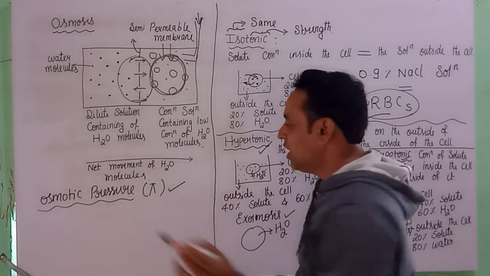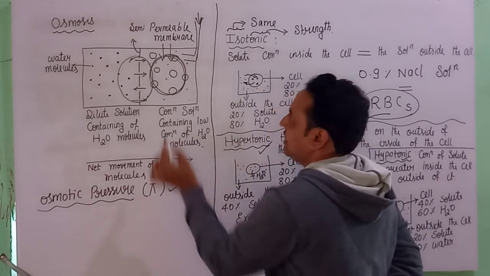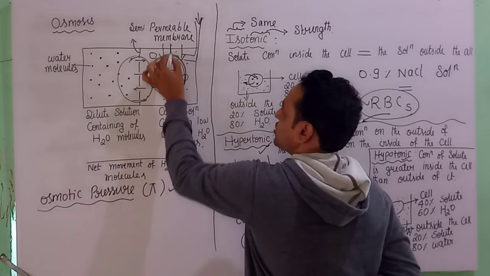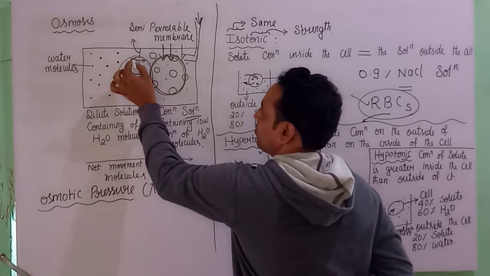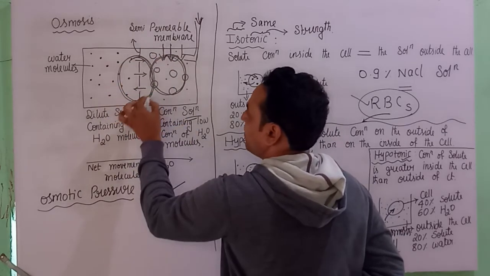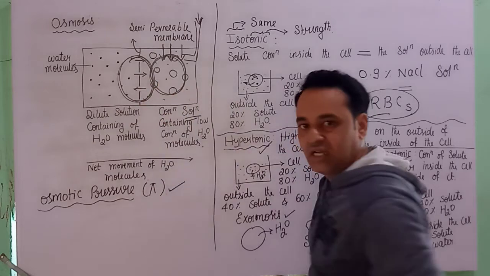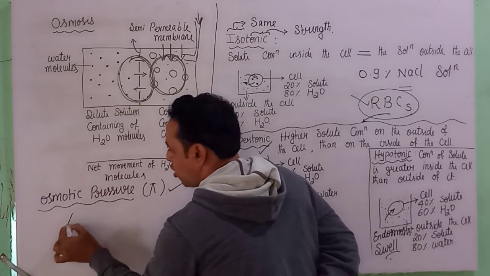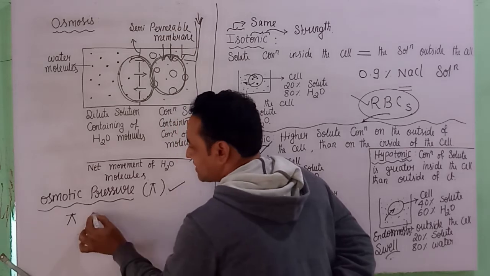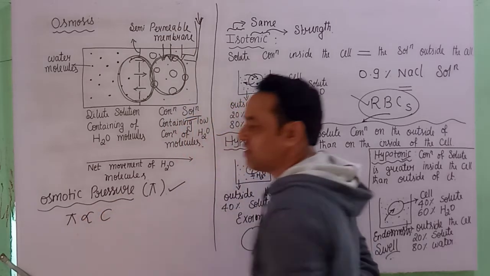I'll repeat once again. Osmotic pressure, pi, is the external pressure applied on the concentrated solution in order to prevent osmosis, in order to prevent the entry of solvent molecules. Now how much pressure has to be applied is directly proportional to the concentration of the solution.